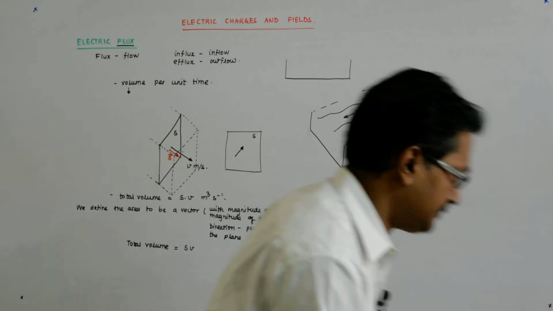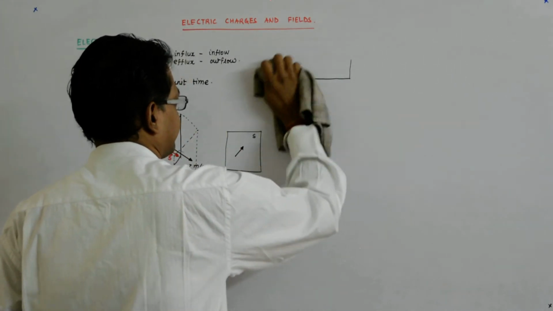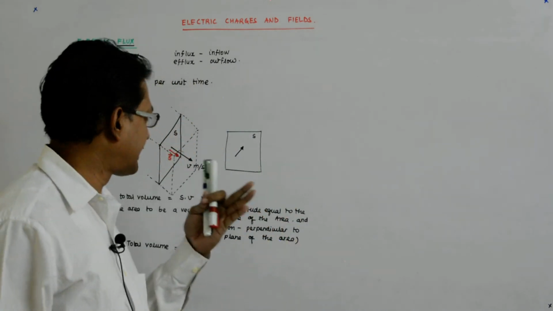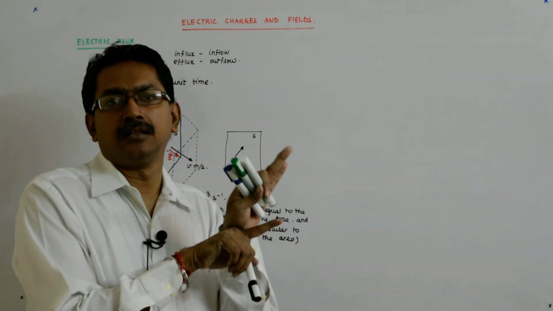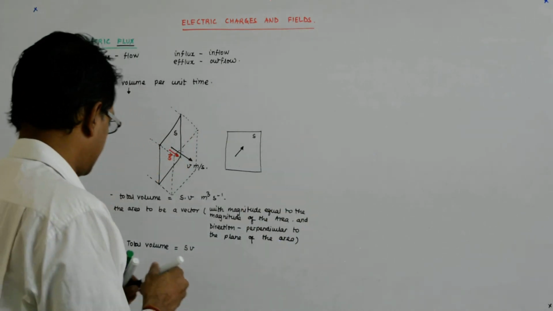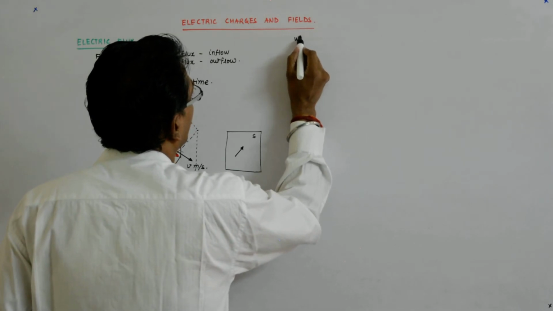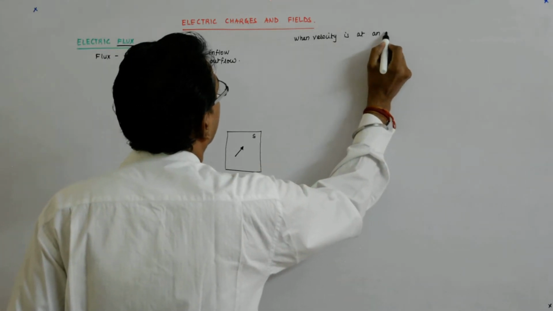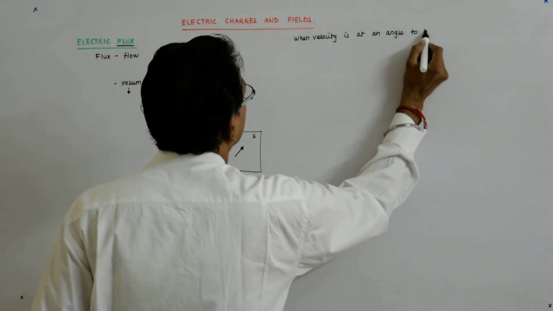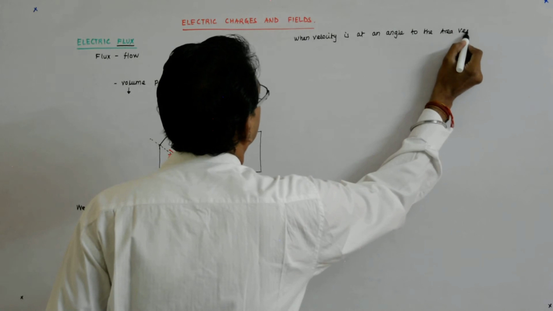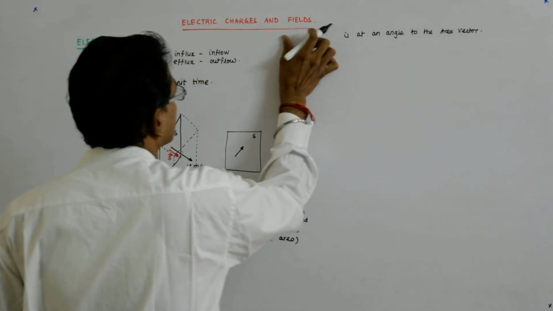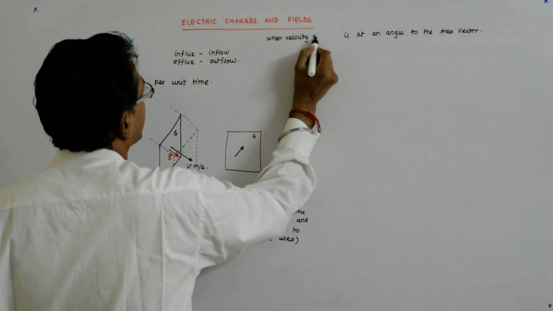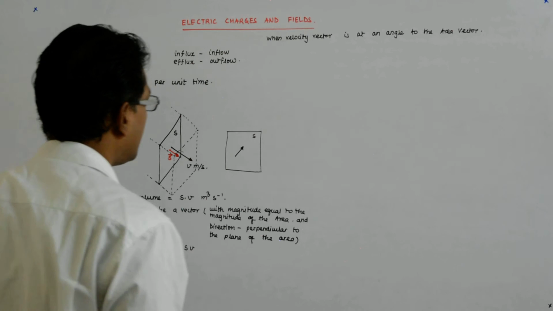Now let us try to understand, in the same case, the case when the velocity vector is at an angle to the area vector.